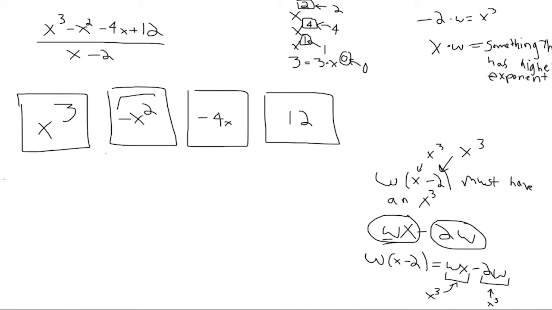Let's say we subtract negative x to the 4th divided by 2 plus x cubed, right? That's the path. That's what we end up getting if we make the w something that multiplies by negative 2 to equal x cubed, right?